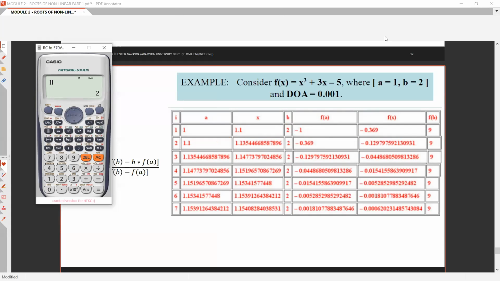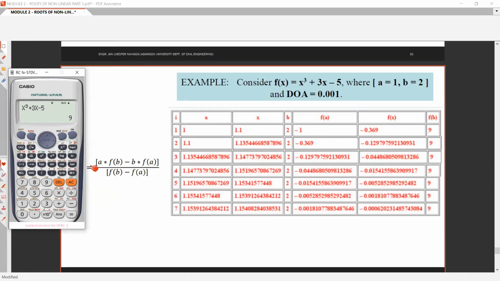So, solve, calculate 1. Nakikita ba? Okay, nakikita naman. Sige, 1. You have negative 1. Okay. F of b, kasi wala ka pa nito, di ba? Sinasolve mo pa lang yan. Then for f of b, so 2. Calculate 2, you have 9. Okay. So meron ka na nito at meron ka na nito. Negative 1 and 9. Then ilagay mo siya dito sa formula.